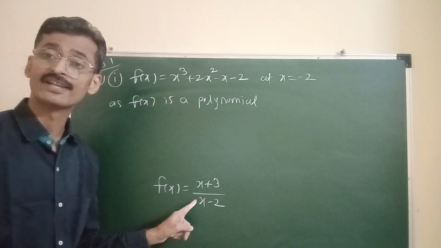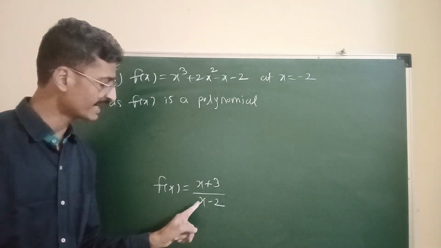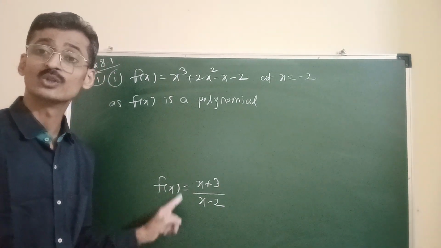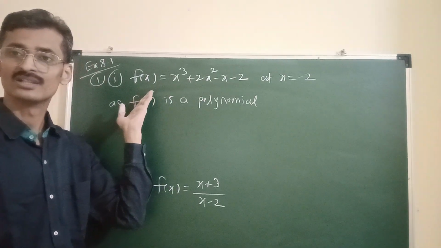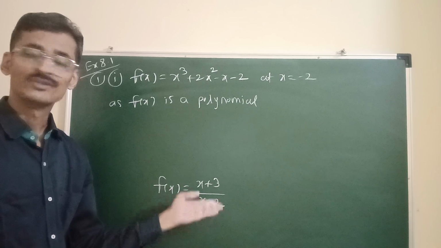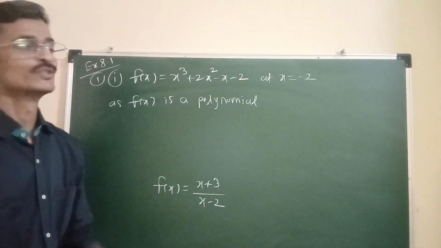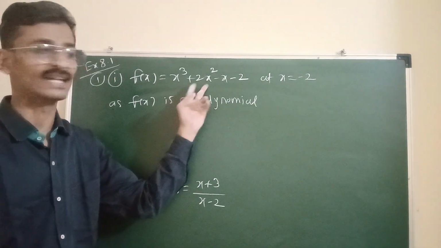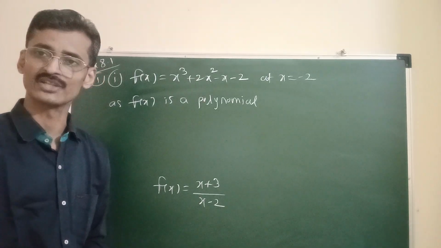So we can say the function is continuous for all x except at x is equal to 2, because for 2 this is not defined. But here the denominator is not given, so we can say 1 is there, and 1 is not 0 for any x. So here we can say this function is continuous for all x, and that means this is also continuous for x is equal to -2.